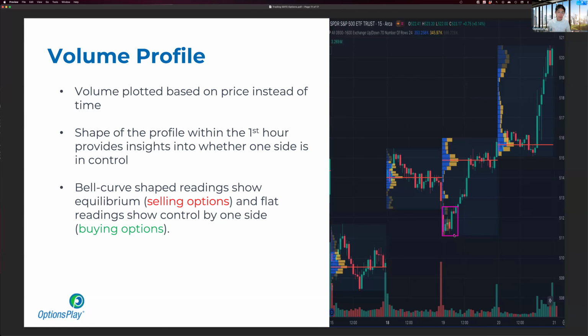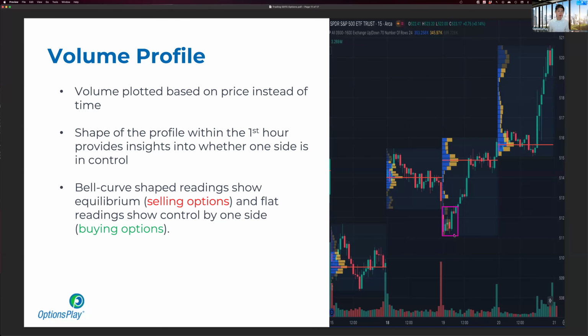It's just a flat profile. What that gives you a good sense for is that it looks like one side of the market is maintaining control and either pushing the market higher or lower. And simply price action will give you a sense for whether it's buyers or sellers that have control for that day.